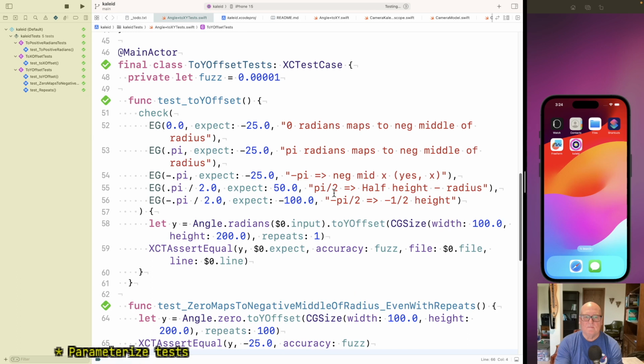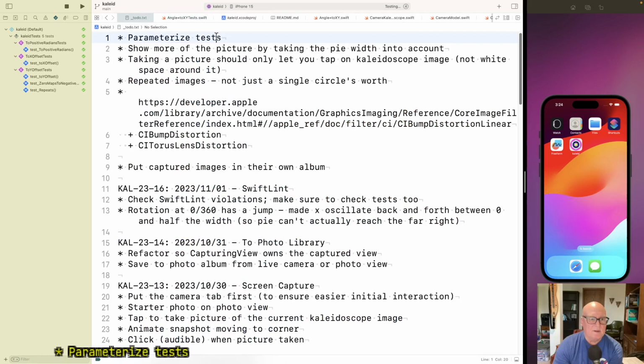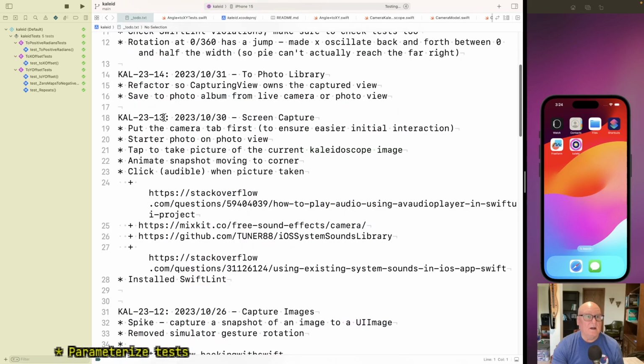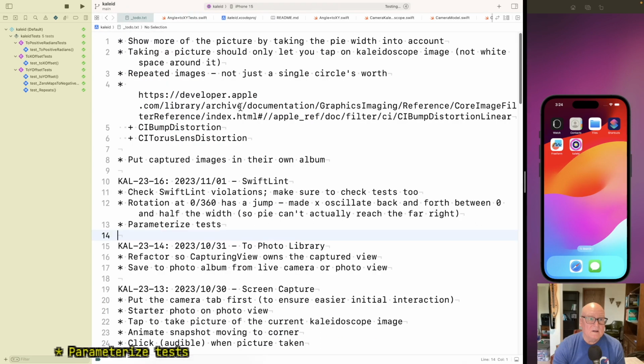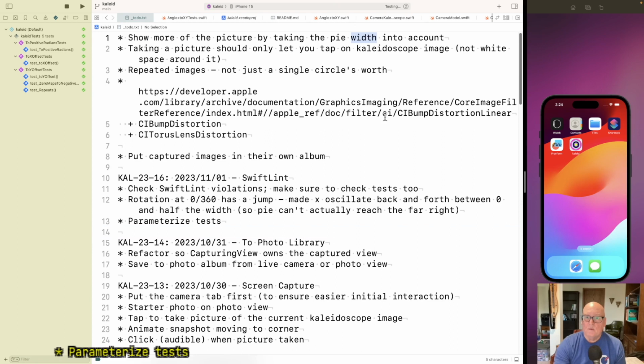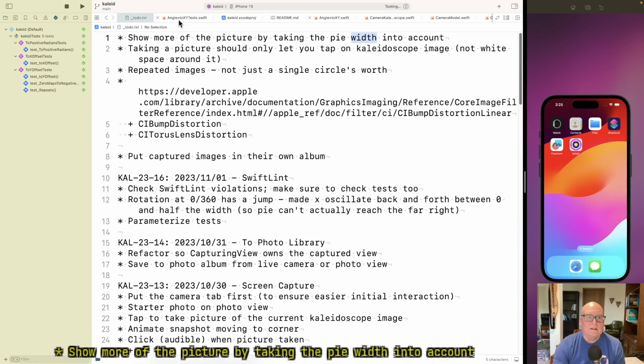So I think the conclusion for today, the next step, we did parameterized tests. I really think we should do this thing taking the pie width. So I think what would happen is we would say, well, maybe this is the right place.